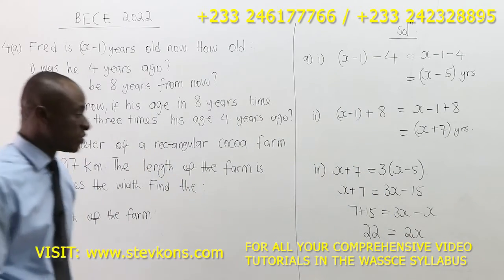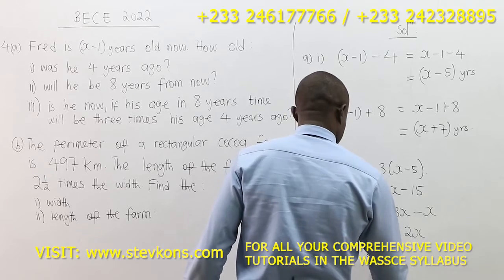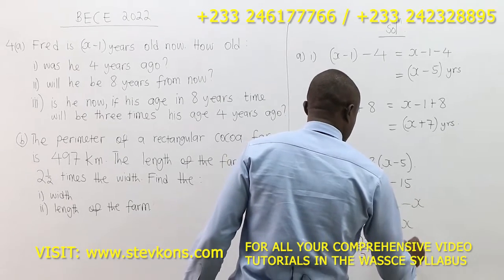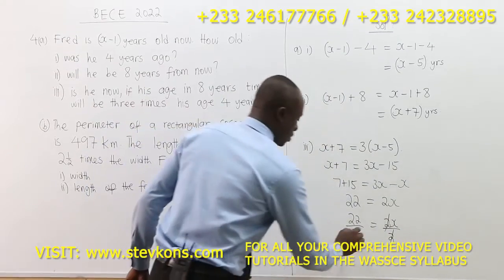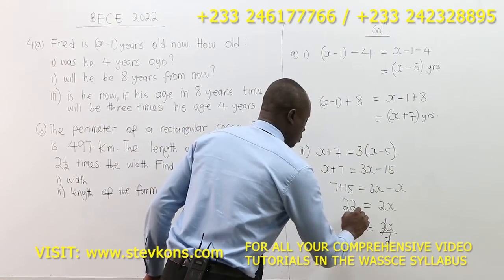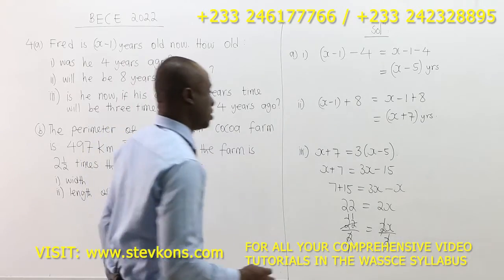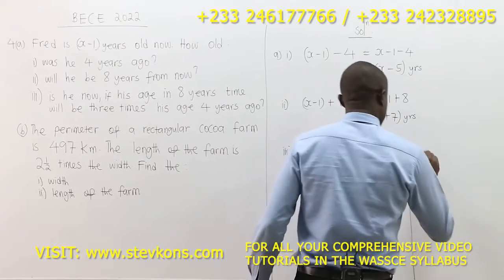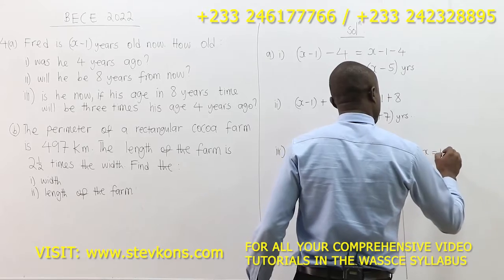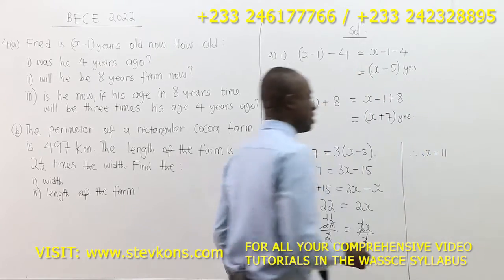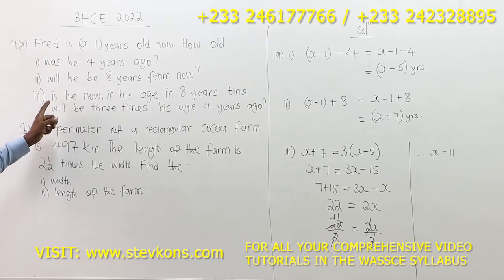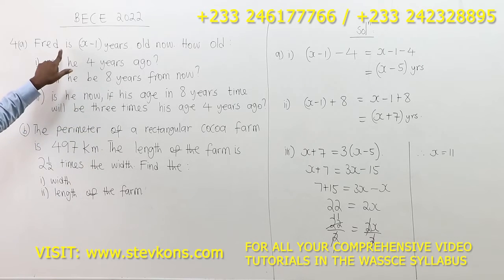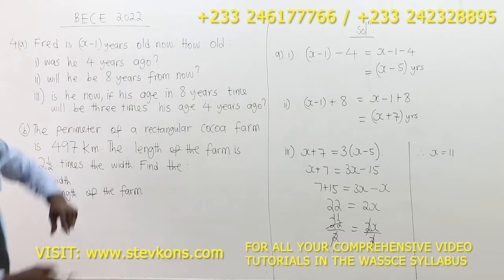To find X, we divide both sides by 2. So we have 22 over 2 equals 2X over 2. The 2 cancels the 2, and therefore X is equal to 11. Now, the question says, how old is he now? We know that Fred is X minus 1 years old now.